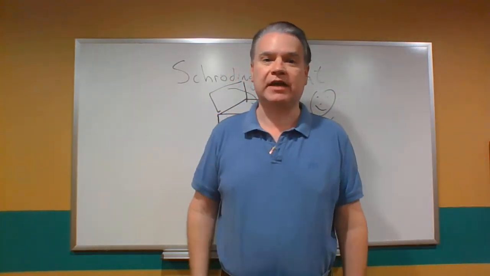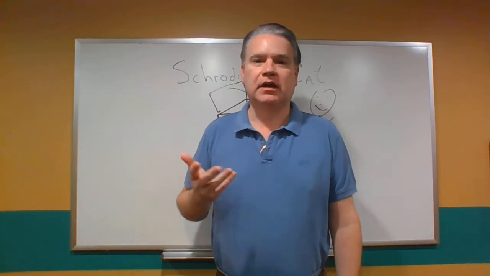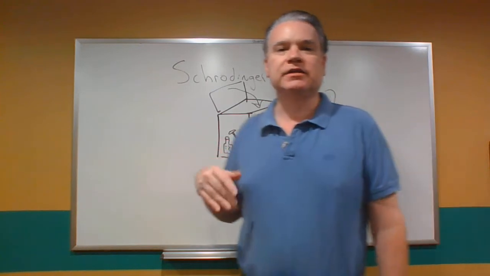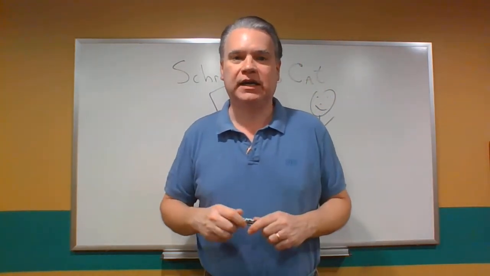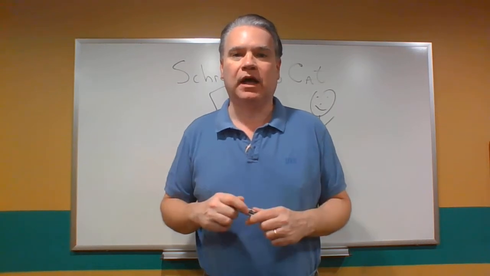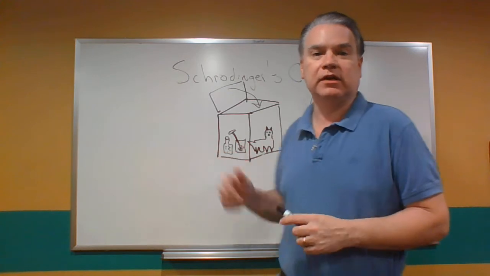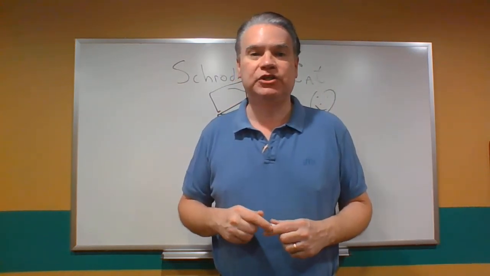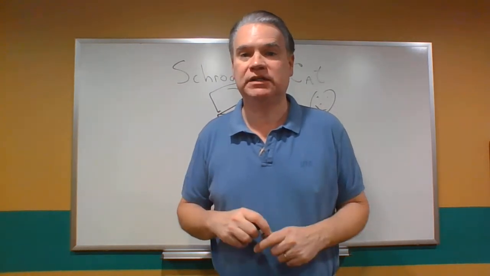Now, you may hear this argument given by non-believers or atheists for the proposition that whether this cat lives or dies has no cause. There's no cause to it. It's a probability of whether it lives or dies based on the probability of whether a particular radioactive atom decays or not. But you can't know. So you don't know whether the cat's alive or dead. It's in an indeterminate state.